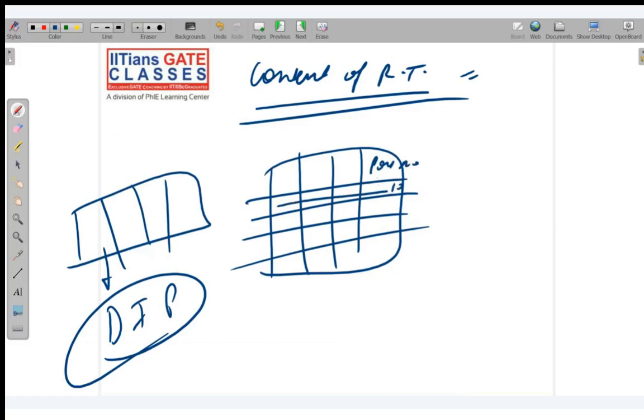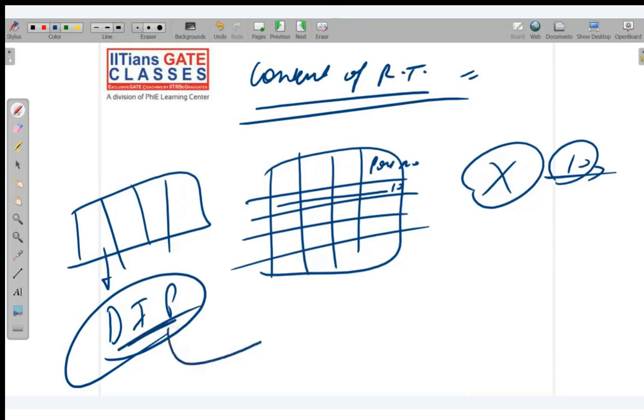So from port or interface number 10 you will forward the packet. This type of question has been asked many times. A routing table and a destination IP address will be given, and they will ask from which port or interface of the router the packet will be forwarded. These questions are very famous in GATE. Before studying these, we should know the content of the routing table. Slowly we will build these concepts in the next lecture.